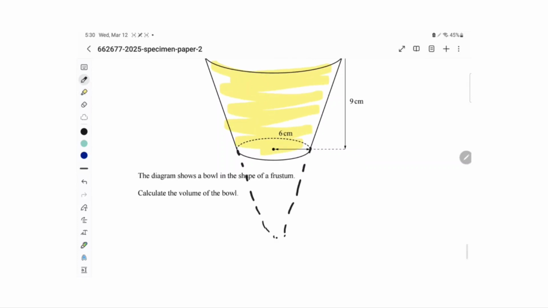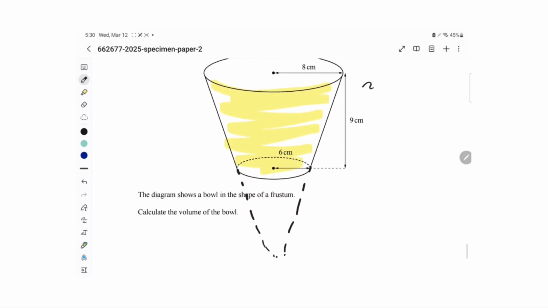For the bigger cone, the radius is equal to 8 centimeters. For the smaller cone, the radius is 6 centimeters. The height is not given in this question. Let's say the height is capital H for the bigger cone, and 9 is not a height, so we can take the similarity.